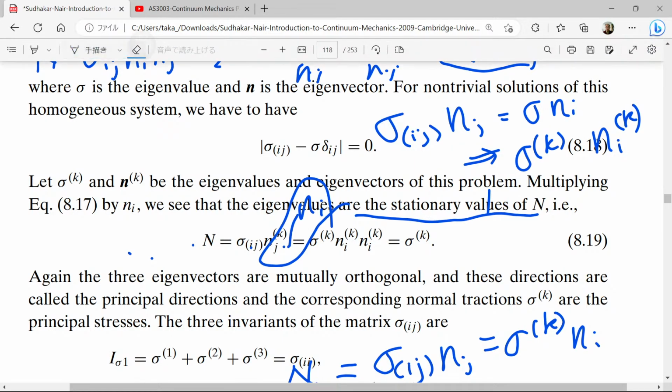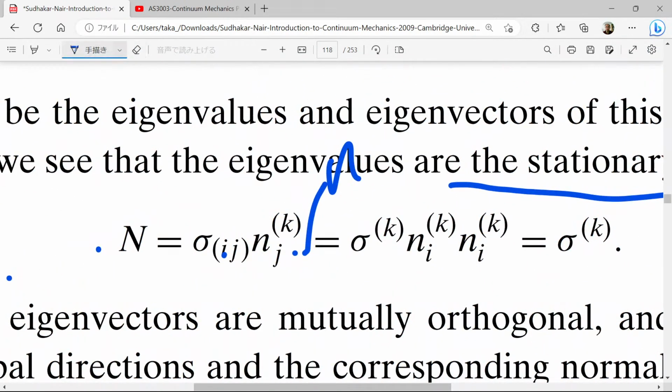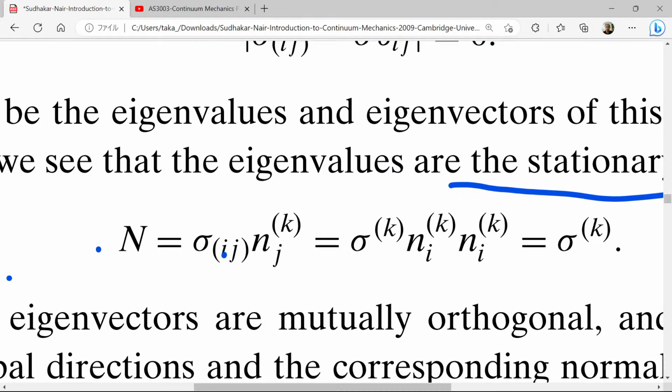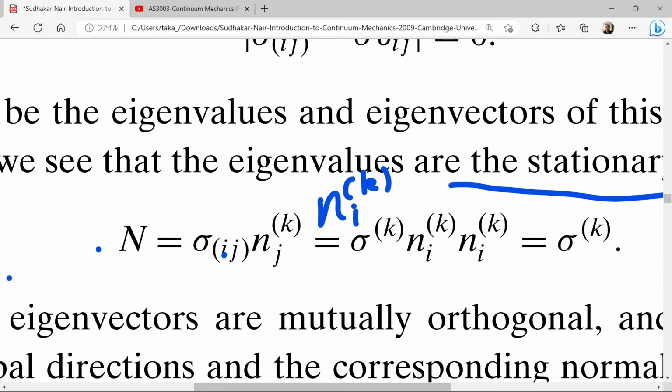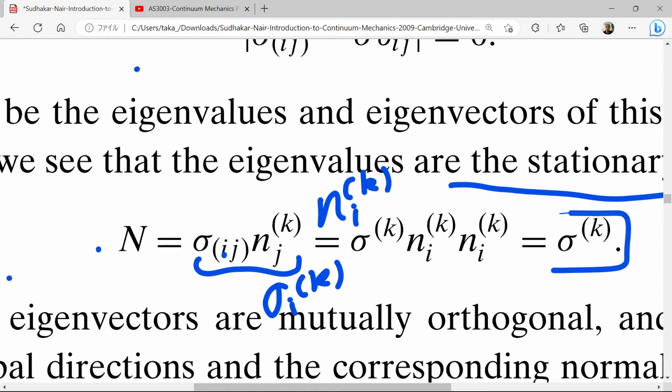Okay, I can explain. There is this one. There is nik, and this part is like sigma ki. So the n is this.